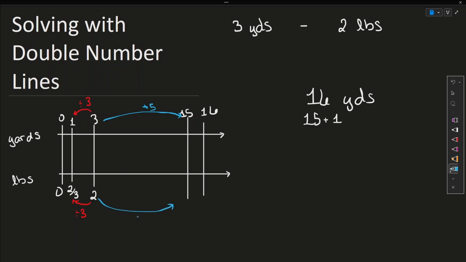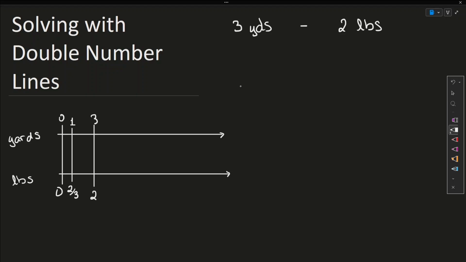So the bottom, I'll multiply by 5 as well. That gives me 10. To get from 15 to 16, I would then need to add 1 more. And on the bottom, that corresponds to 2/3, so we would add 2/3. That would give us the 10 2/3 pounds. The second approach can sometimes feel more concrete for students.